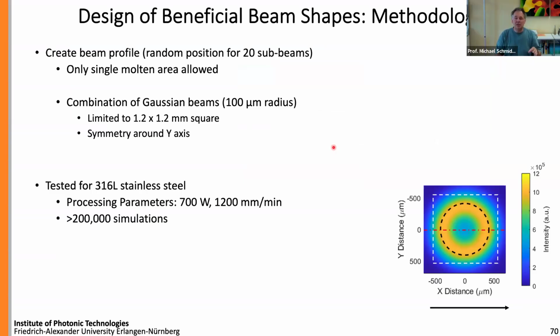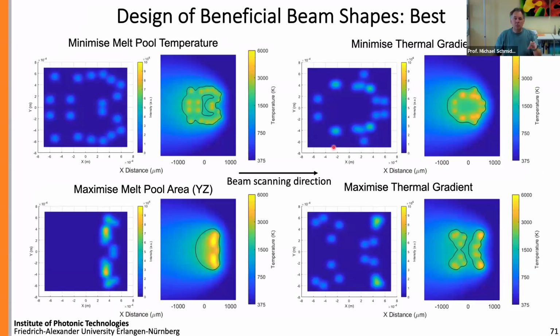We created a low fidelity model, only taking into account temperature at a certain number of points, and then randomly created temperature distributions from random beam shapes.